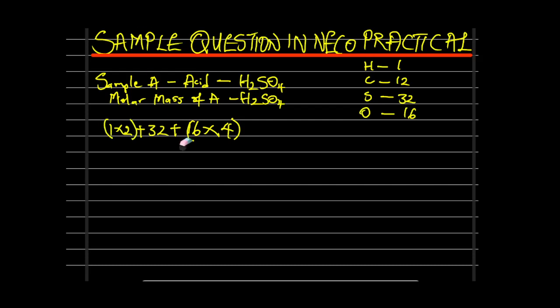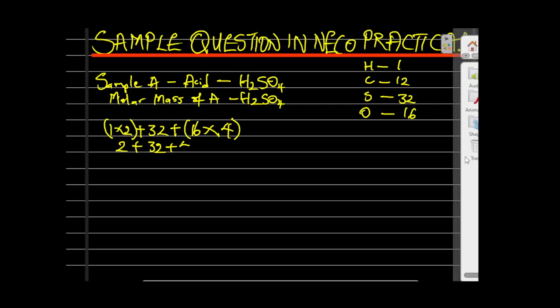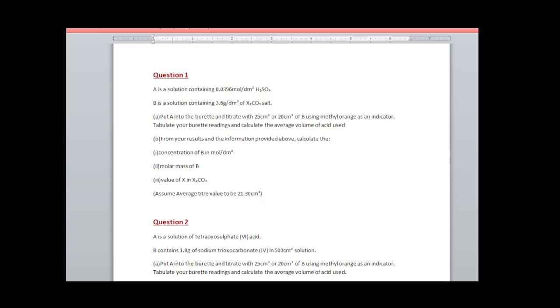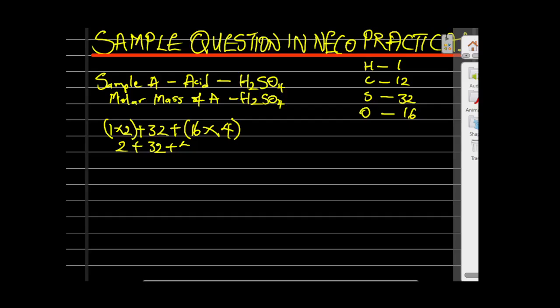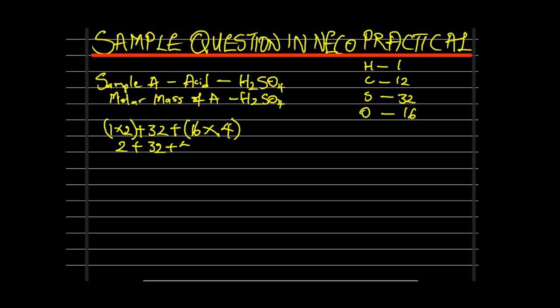So we have 2 plus 32 plus 16 times 4. 16 times 4 will be 64.